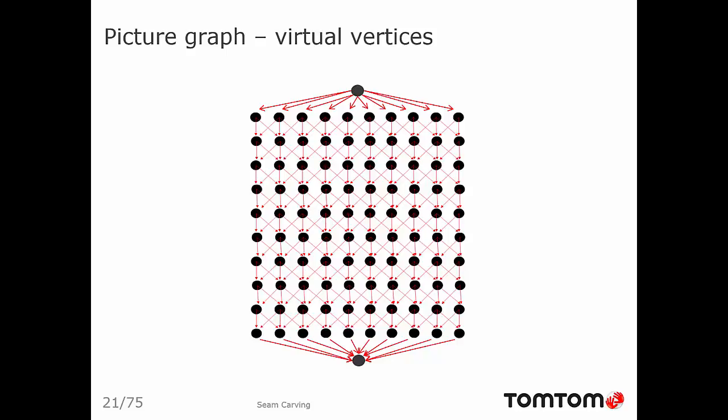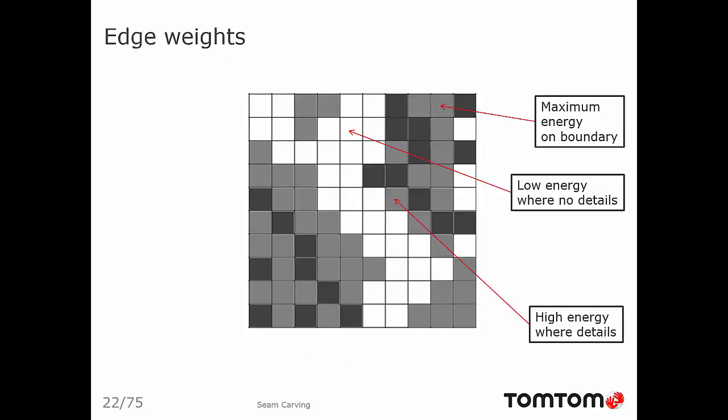And finally, similarly to the case of routing in a digital map, we assign weights to our edges. Since we would like to preserve content of the picture which is most detailed and maybe resign of the content which is plain, we define an energy function for the picture, and we want the energy to be very small when there is not much detail, so the picture is plain, and there is a lot of energy in places where there is a lot of variance.